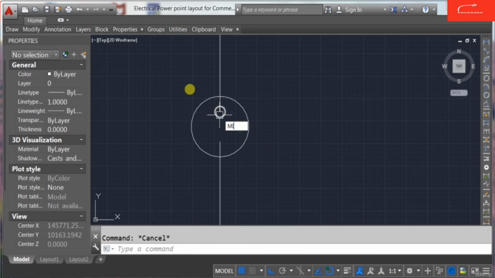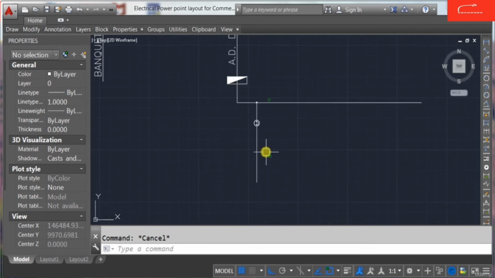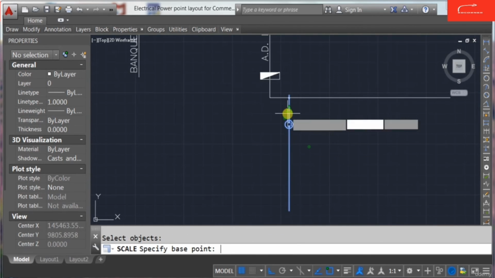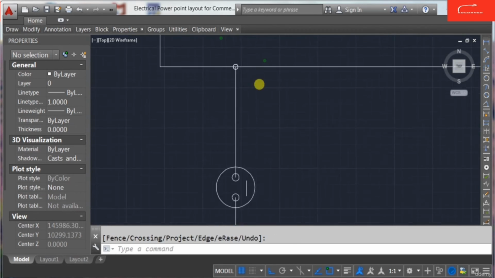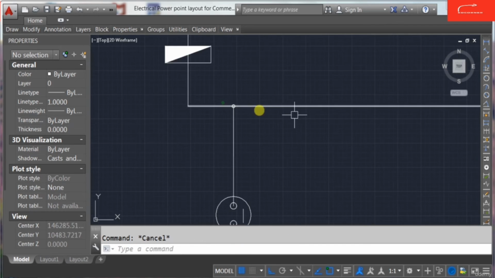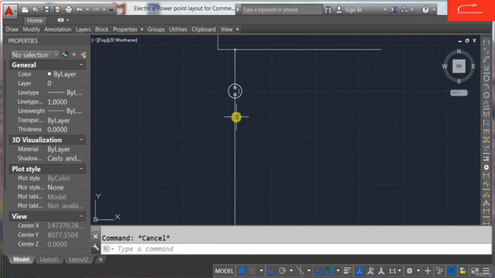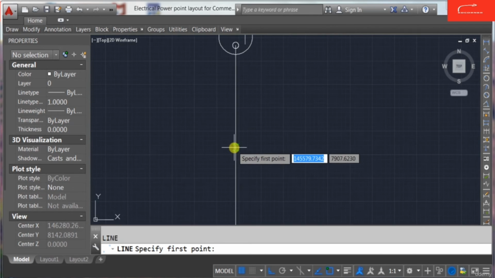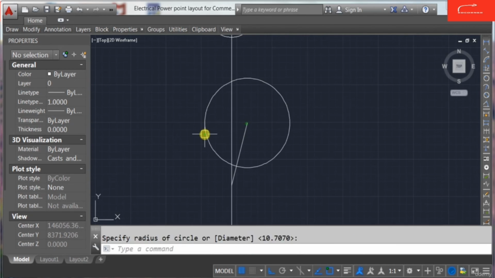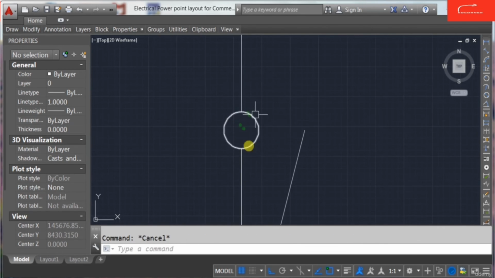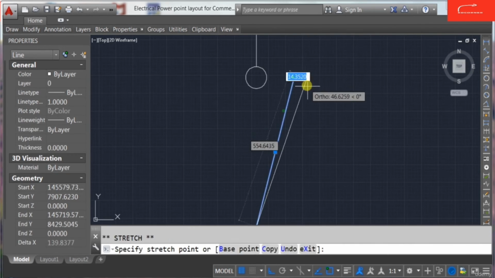This is the typical socket symbol, like this. Make it bigger, something like this. So this is the socket and this is the switch symbol. So it will be something like this.